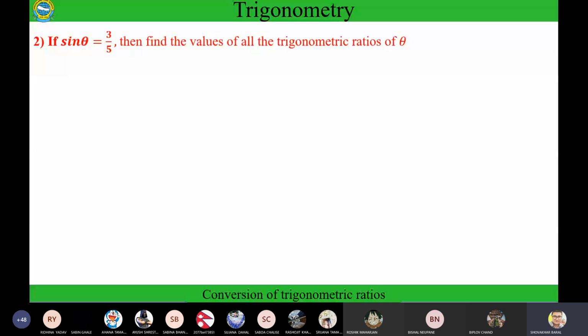Sir, the question is not displayed. Is it displayed now? It must be displayed, I think. Is it for others also or just me? Someone, is it displayed now? No, sir. Okay, just a minute.